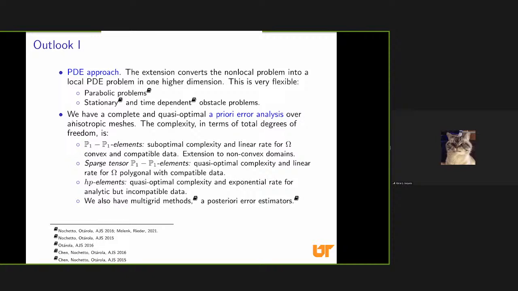We can use sparse tensor representations that give you quasi-optimal complexity and quasi-optimal rates in terms of approximation. You can do HP and get exponential rates of convergence. And we have many other extensions. For instance, we have multilevel methods to solve the ensuing problems. We have a posteriori estimation to target adaptive finite elements.